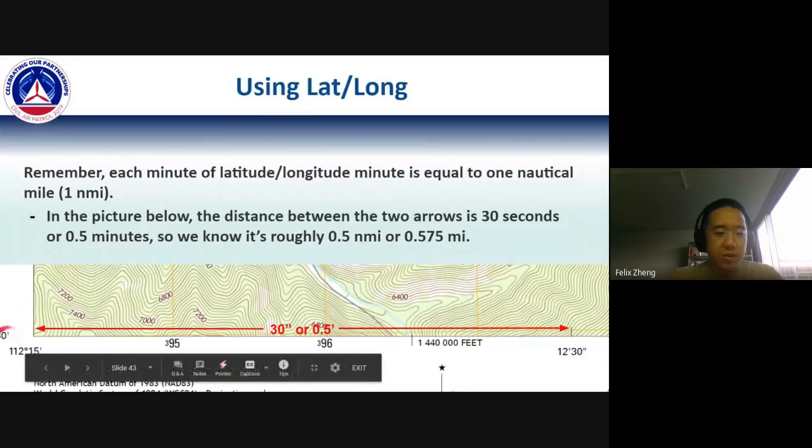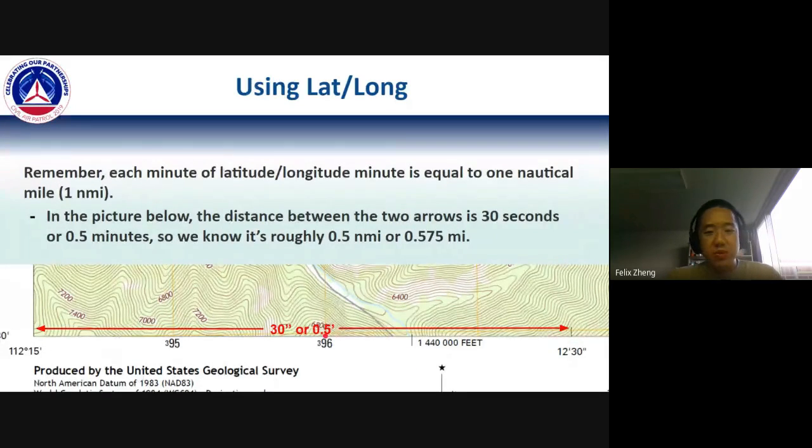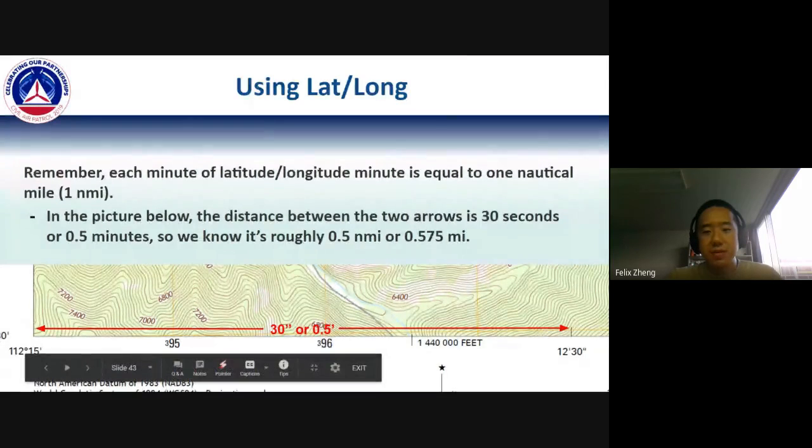It starts at 112 degrees 15 minutes and goes to 112 degrees 30 seconds. So we know that is half a minute, or roughly half a nautical mile, or 0.575 actual miles.